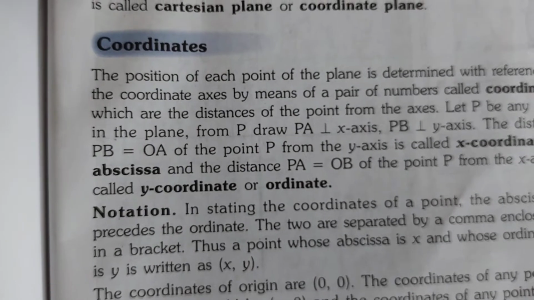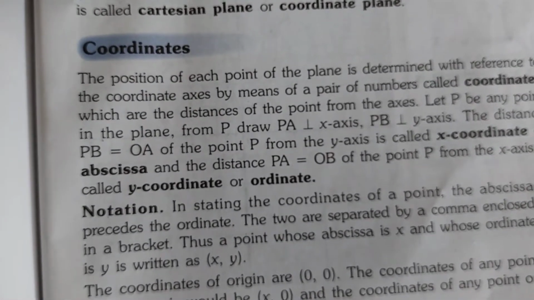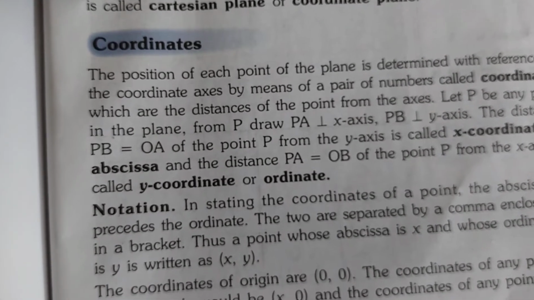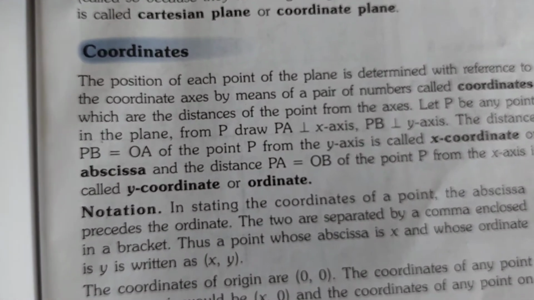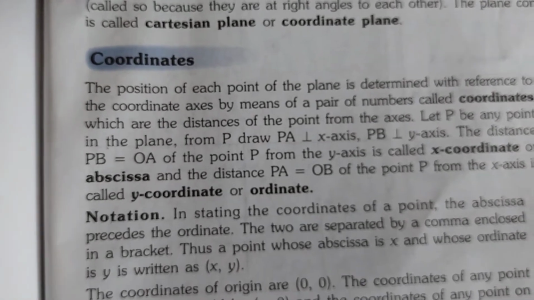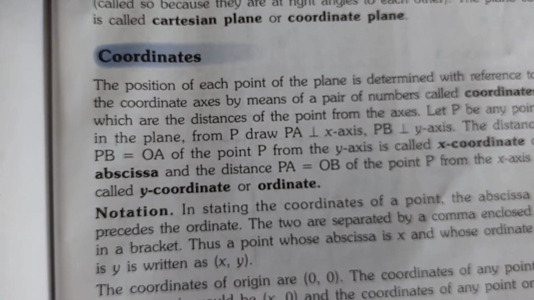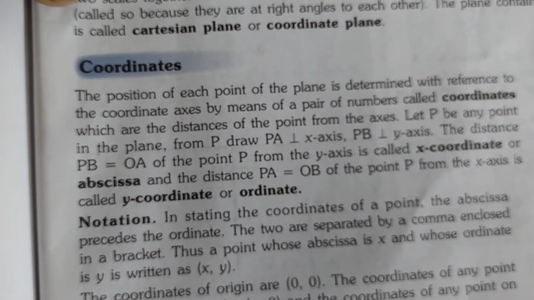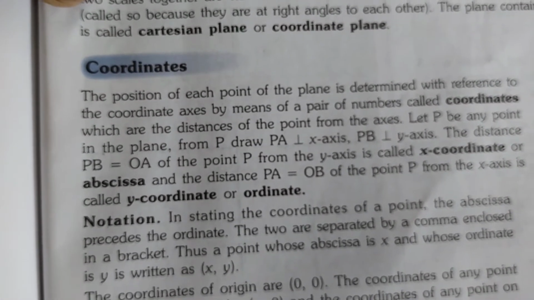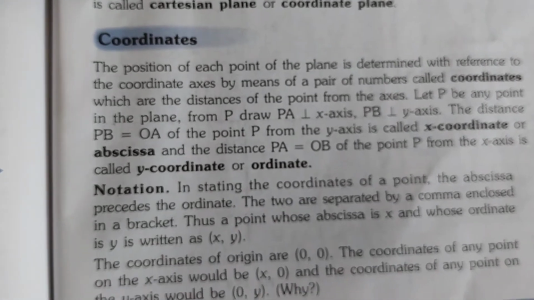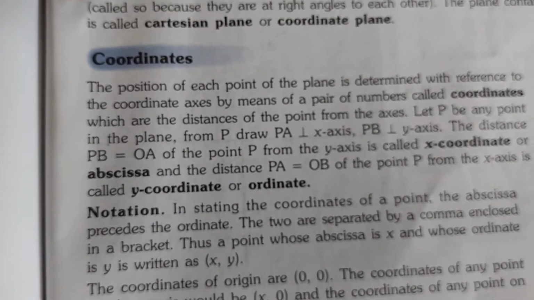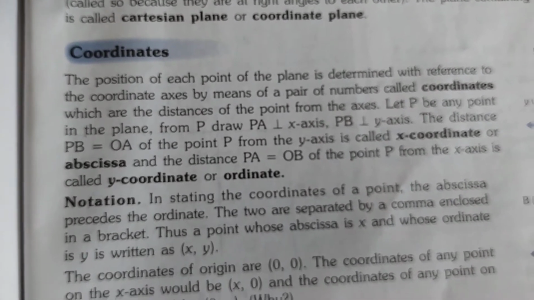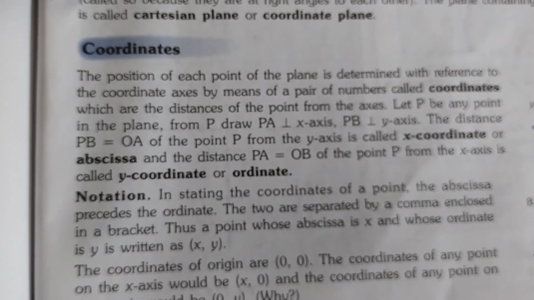The coordinates. The position of each point in the plane is determined by reference to the coordinate axes by means of a pair of numbers called coordinates, which are the distances of the point from the axes. Let P be any point in the plane. From point P, draw PA perpendicular to the x-axis and PB perpendicular to the y-axis. The distance PB, which is equal to OA, of the point P from the y-axis is the x coordinate.